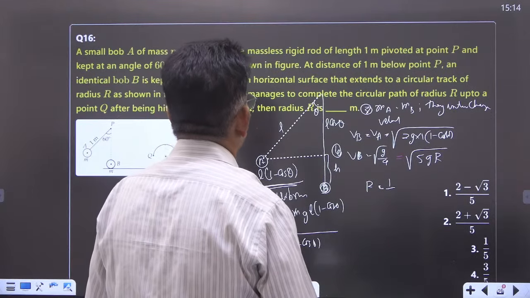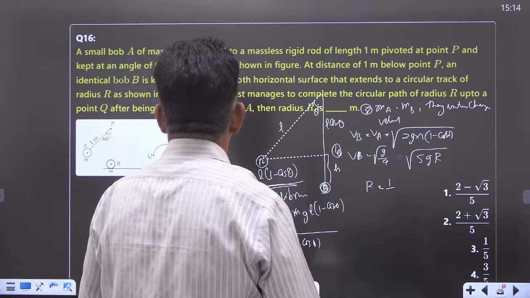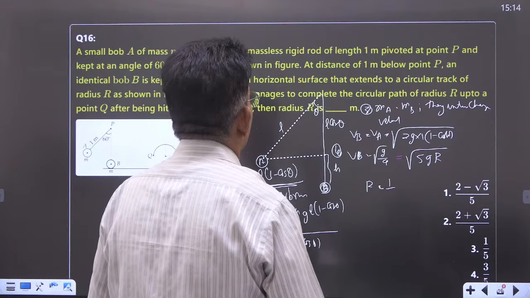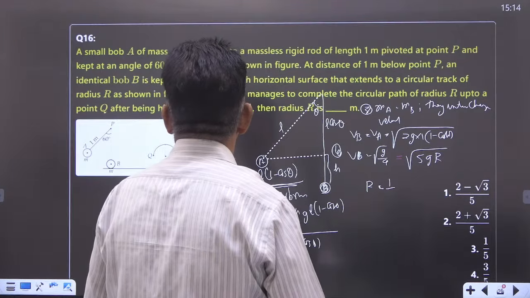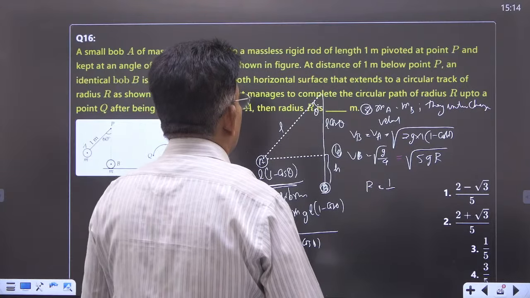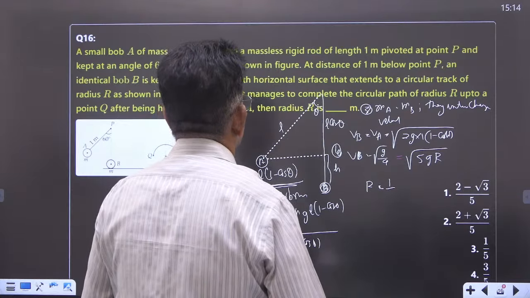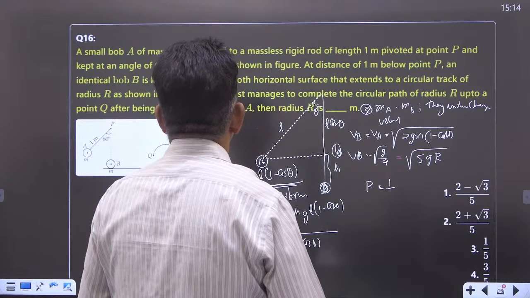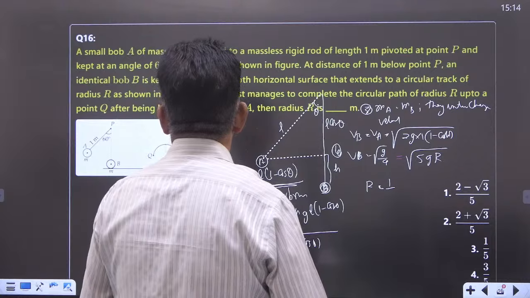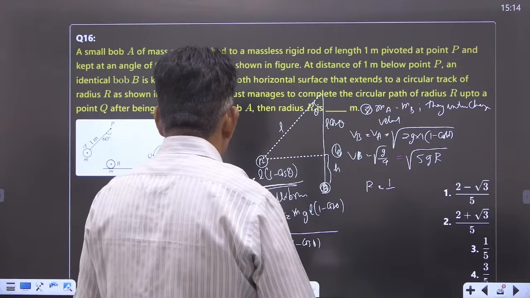Angle with vertical as shown, distance of 1 meter below the point P. It's correct. This is P, 1 meter. The pendulum bob hits the identical bob kept at rest on the smooth surface leading to the circular track. The collision is elastic, so they interchange the velocities.